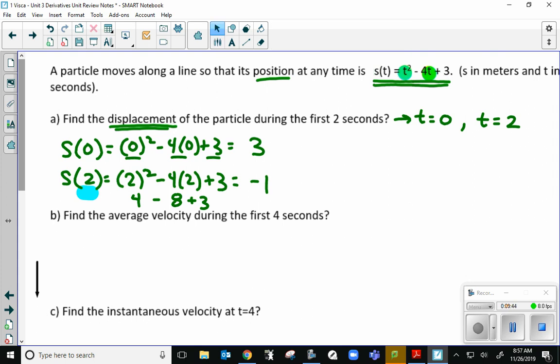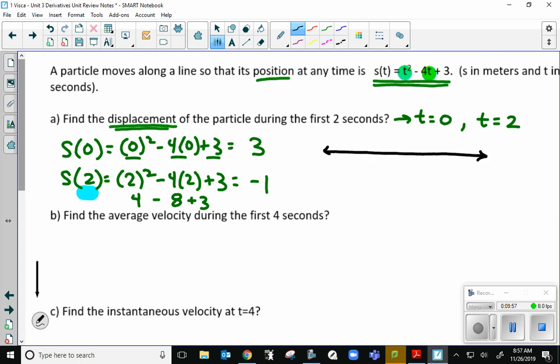All right? Your math is exactly great, but you haven't found the displacement yet. How far has it moved? If I was on a number line here, and I started at time 0, I was at position 3. Here's 0, 1, 2, 3.